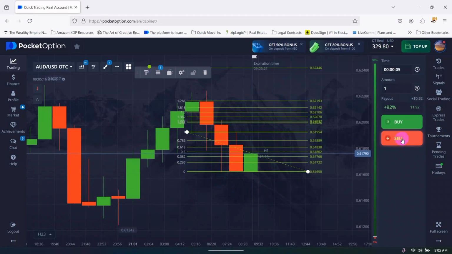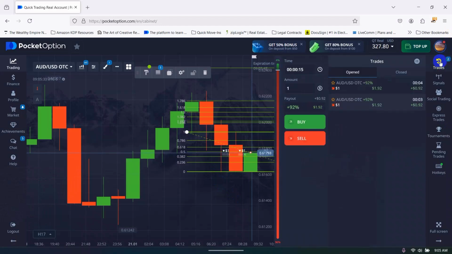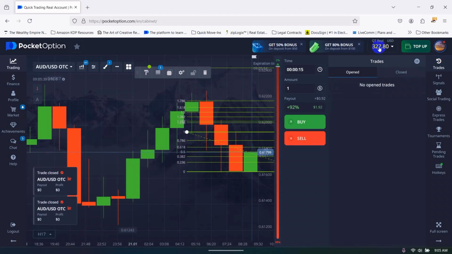Now it's going to the 50. Let's give it 15 seconds. Oh, it pushed past. You see that? Let's drop. Drop enough to win. Okay. Oh, just in the nick of time. 327.